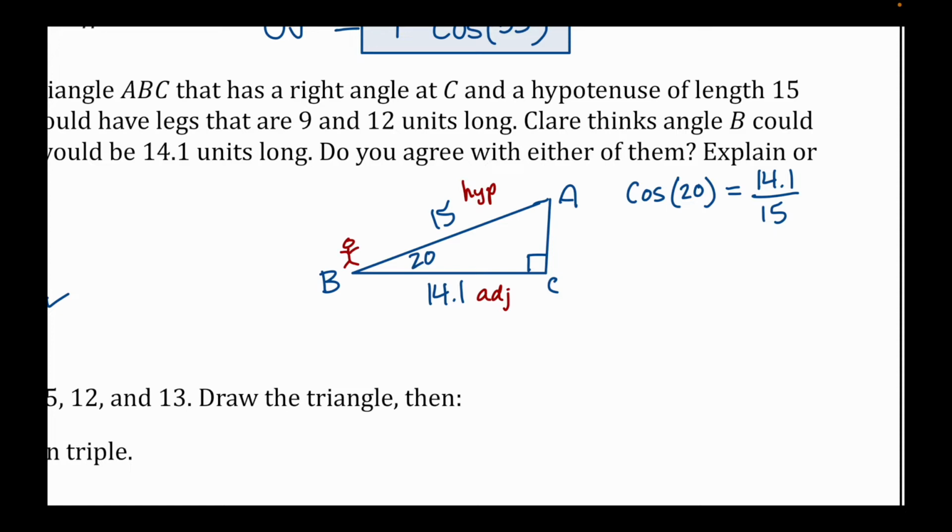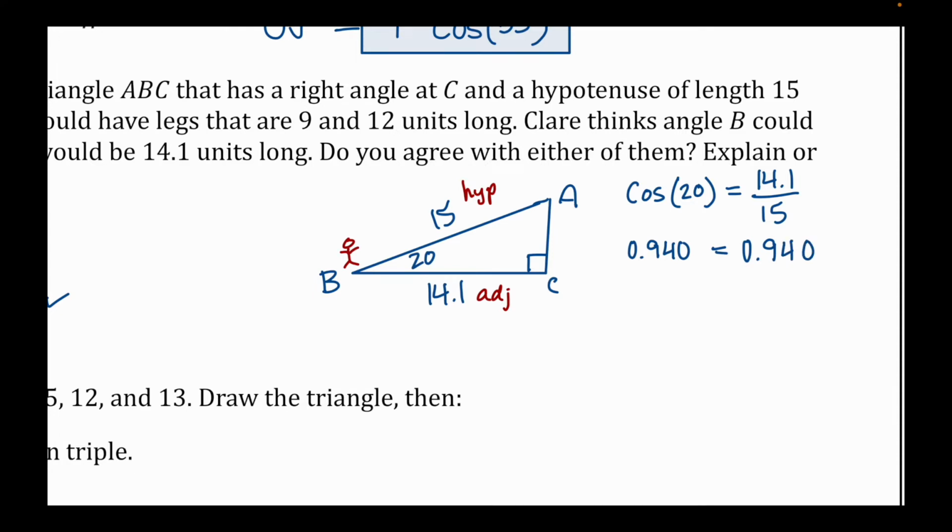So I can do both of those on my calculator and compare the two numbers. Because I don't have a variable I'm solving for here, we can type in cosine of 20, and calculator says this is 0.93940 actually. So 940, and then for 14.1 divided by 15, this comes out to exactly 0.9494.